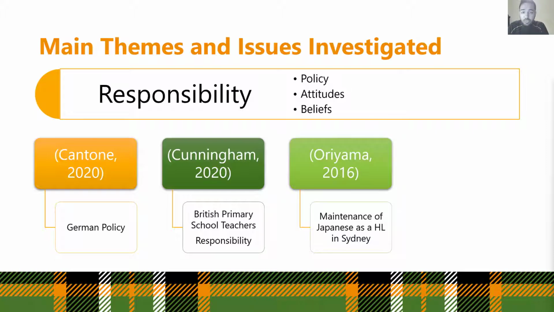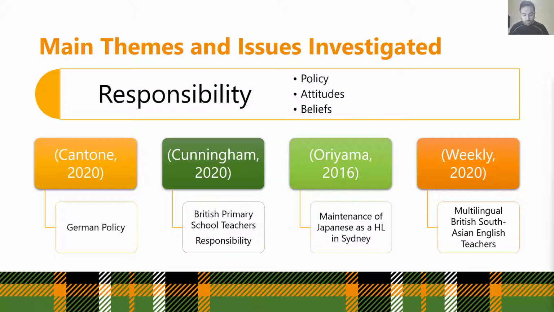Oriyama did research on the maintenance of Japanese as a heritage language in Sydney in 2016, and he also looked into where the policy should actually aim. Weekly in 2020 interviewed multilingual British South Asian English teachers to find out who is more responsible in terms of language maintenance. Now in the next part, Jan will elaborate more on the evolution of the topic over the years.